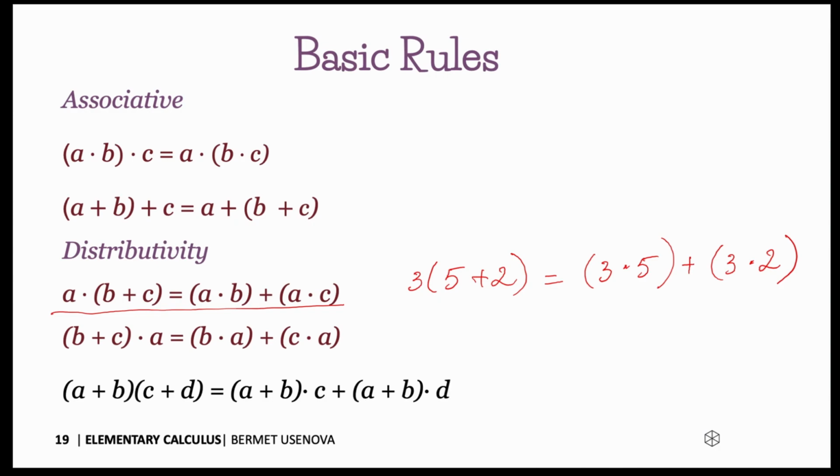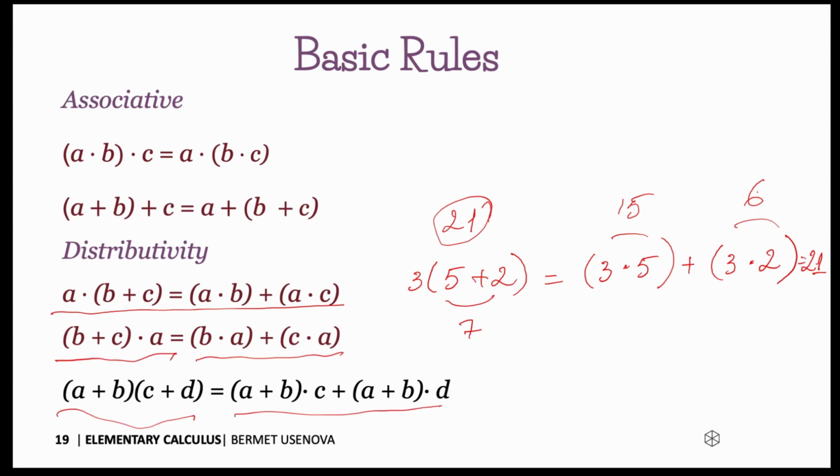Because we can calculate it separately: 3 multiplied by 5 will be 15 and 3 multiplied by 2 will be 6, and 15 plus 6 is 21. As for here, 5 plus 2 is 7 and 3 multiplied by 7 will also be 21. And you can see here, if we change the order, it will also be the same. We can also exchange them.